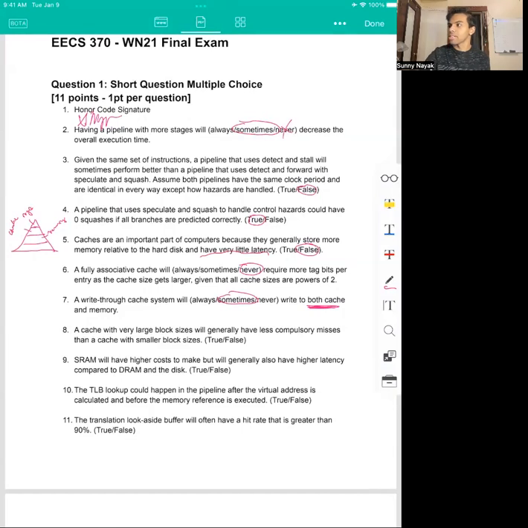Well, compulsory misses are essentially misses that happen because that particular address had never been looked up, had never been brought into the cache. But we know that there are instances where I've never looked a particular address up, but it exists within the cache. That example is, what if I had two addresses that belong to the same block, right?